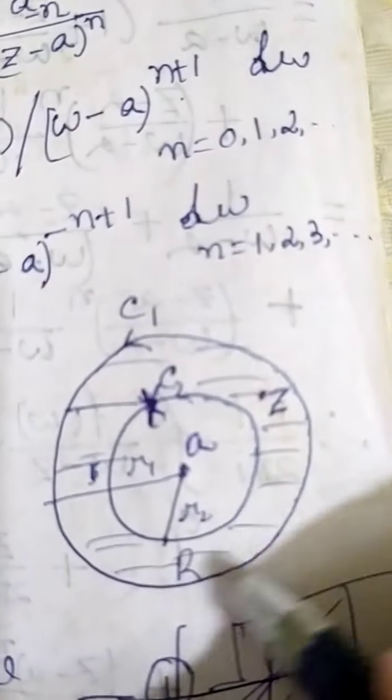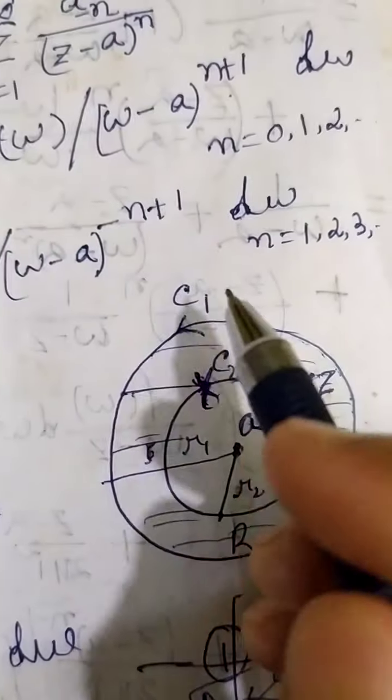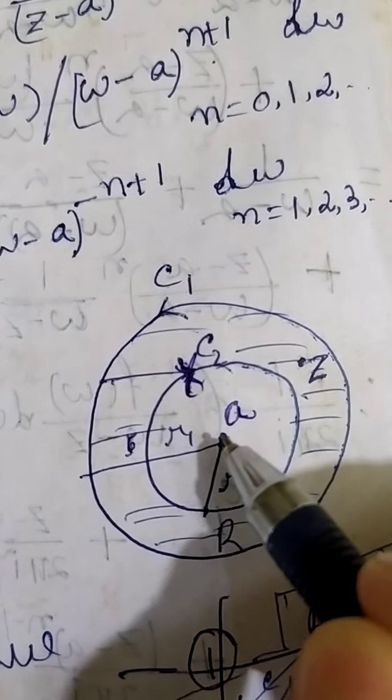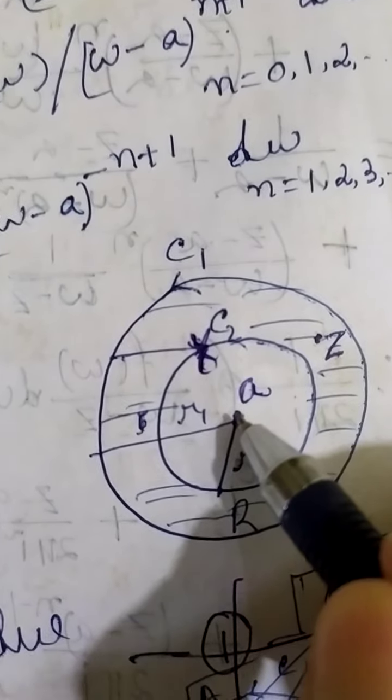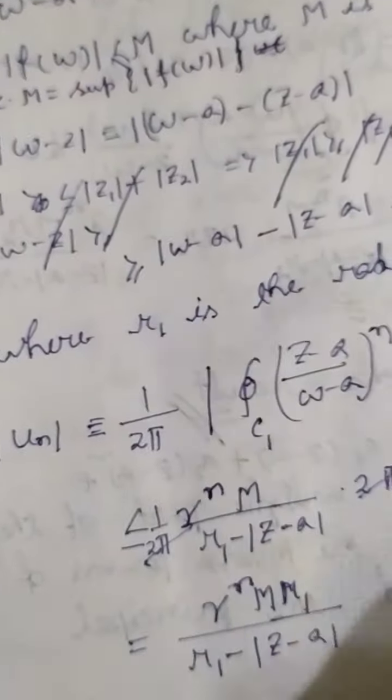We have this circle only, so f(z) is analytic inside and on this curve other than at a. So this is nothing but the isolated singularity.